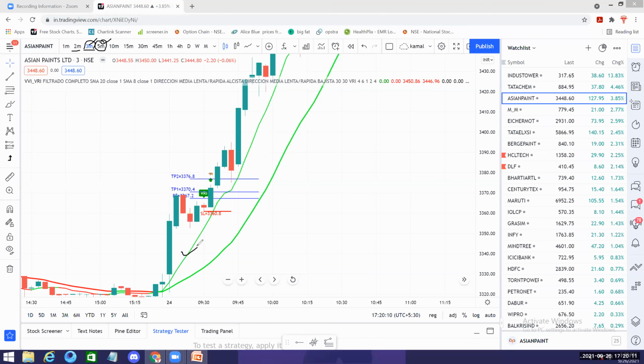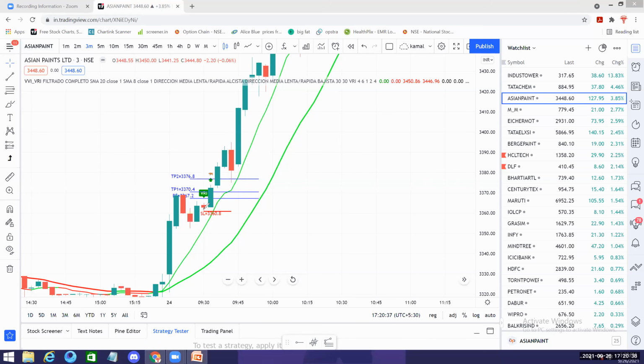Now your 8 SMA is green, 20 is green, it is going up. So our trade is going to be on the bullish side. That is, we are going to buy it. Now you see what has happened here. There is a good green candle. I will not draw too much.